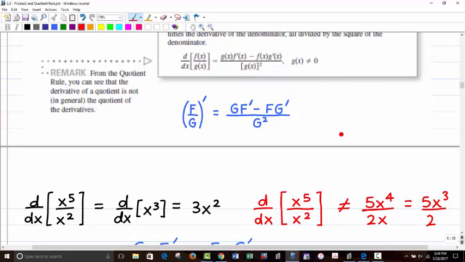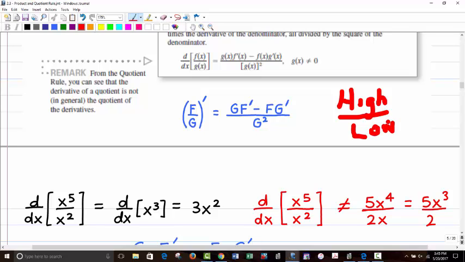I've seen it in some books, or some people talk about, where you can think of it this way, whatever way helps you. Bottom times the derivative of the top minus top times the derivative of the bottom, all over the bottom squared. I've heard another one where it's called like this, where you put the original fraction as, and don't worry about all this.